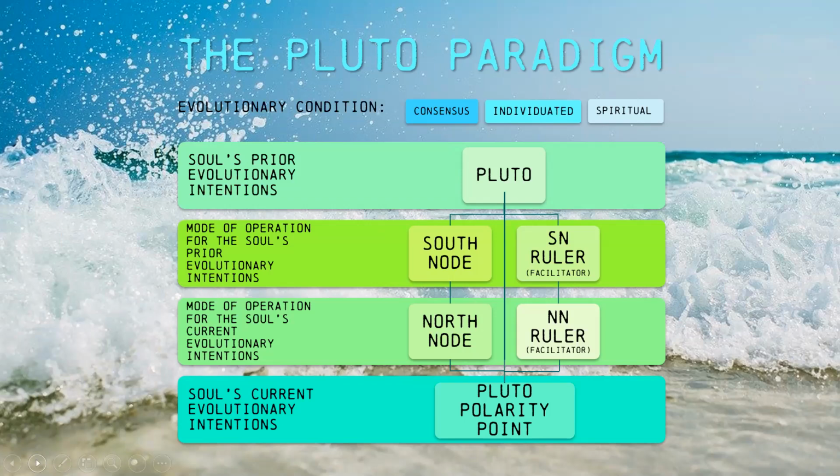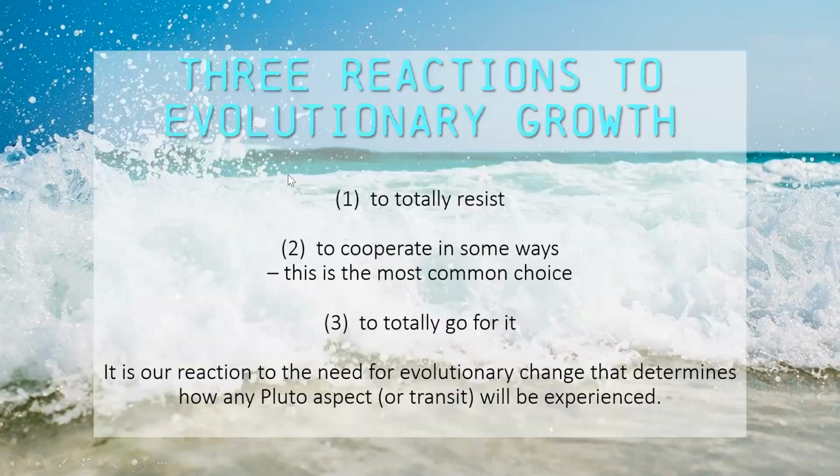Okay, so moving on from there then, moving on to the 3 reactions to evolutionary growth. This topic is connected to Pluto aspects in that it's our own cooperation or resistance that will determine how any Pluto aspect is experienced.